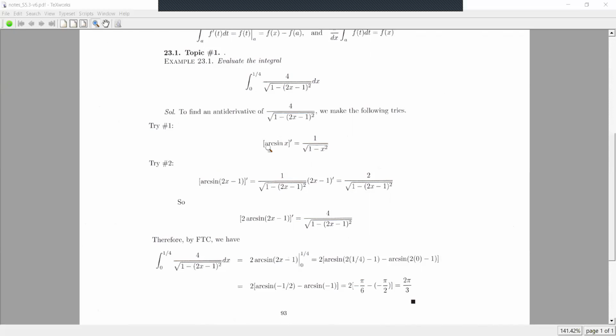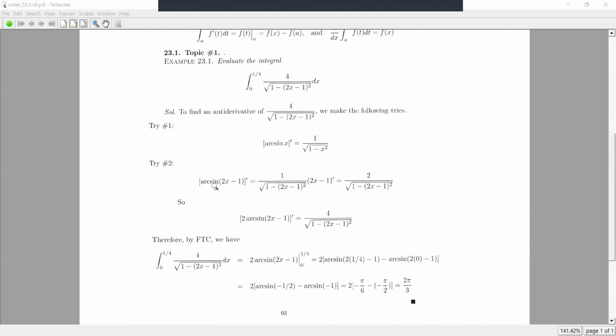This time I try arcsine of 2x minus 1. Let me compute the derivative of this function. I need to use the chain rule, right? I introduce a temporary variable u for 2x minus 1. So when I use u to denote 2x minus 1, this function is arcsine of u.